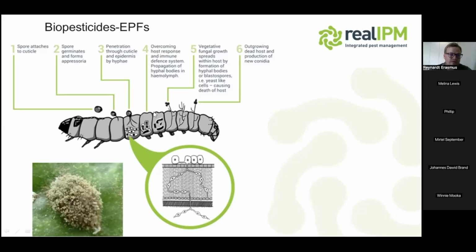Eventually, when the host immune response is overcome, hyphal bodies are produced, and the insect host eventually dies as a combination of internal organ damage, nutrient depletion, and poisoning due to the secondary metabolites that are produced by the EPF.